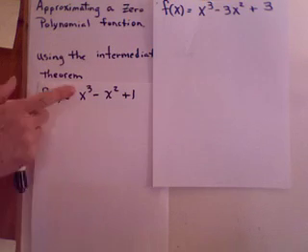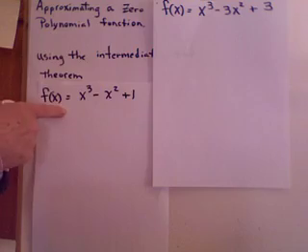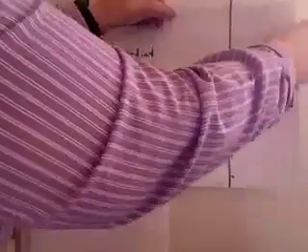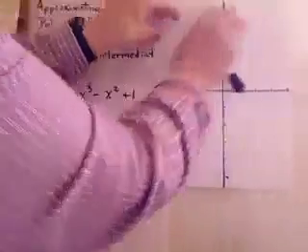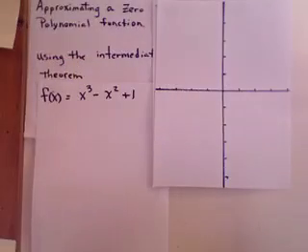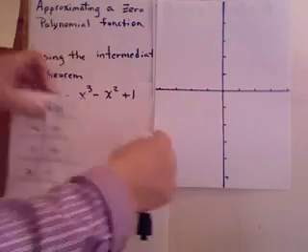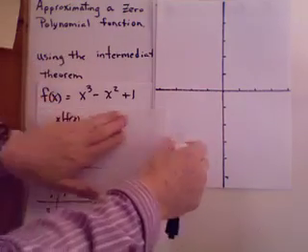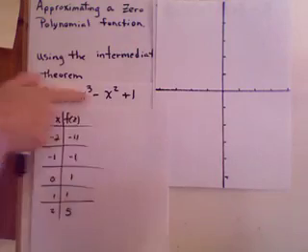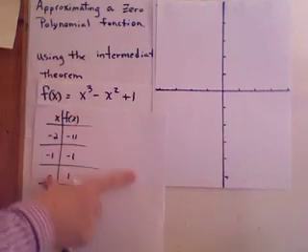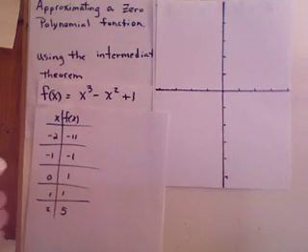If I type this equation in and look at the table of values on my calculator, you can see a whole bunch of values. You can use your up and down arrows to get more values. But what we want to do is narrow down on where it crosses the x-axis.